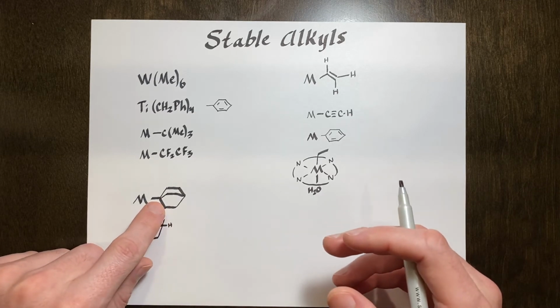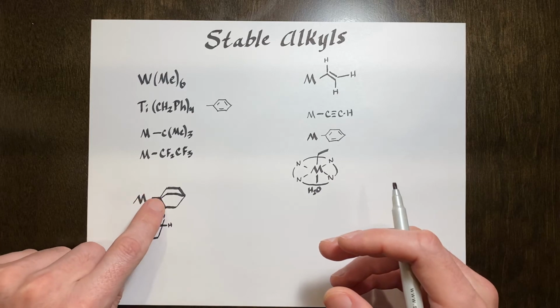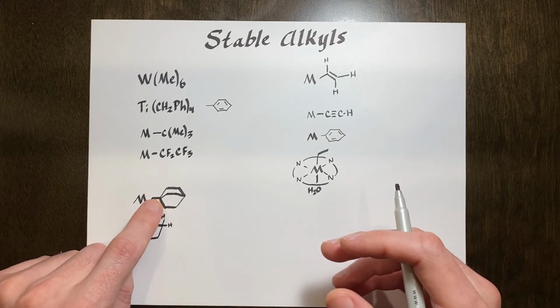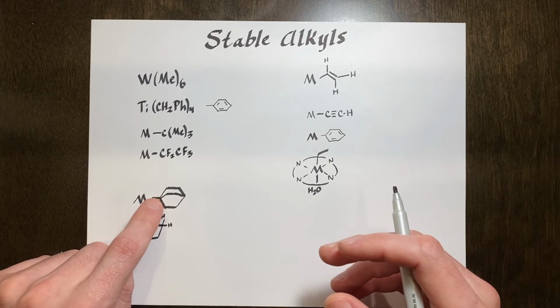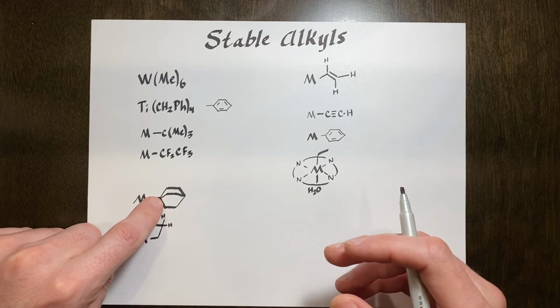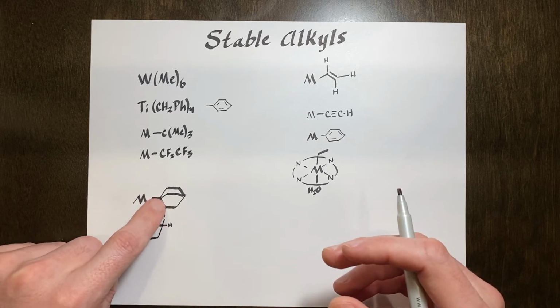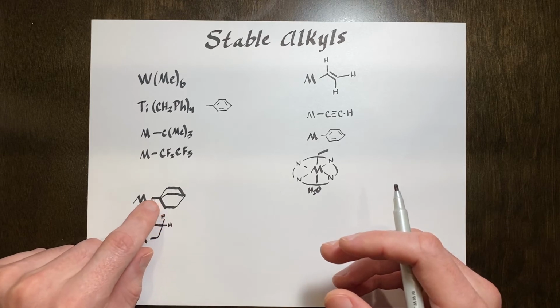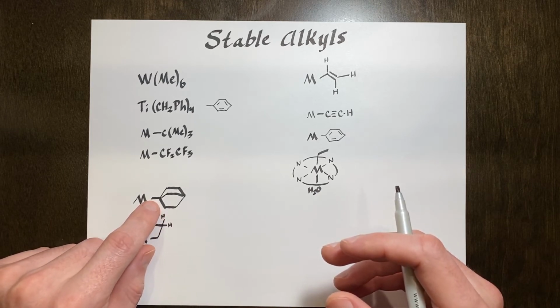Also, if you keep in mind, that carbon is a quaternary center, so it cannot do a 1-2 kind of elimination there because there's no hydrogen here to eliminate along with it. So that's another blocking of that potential pathway.